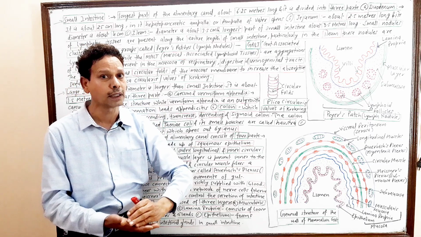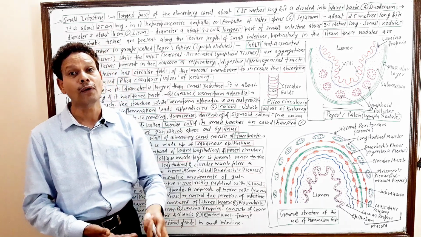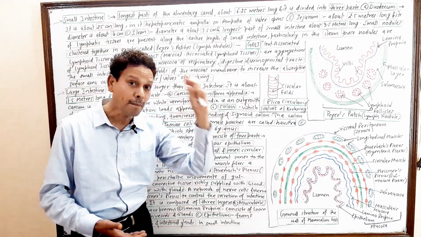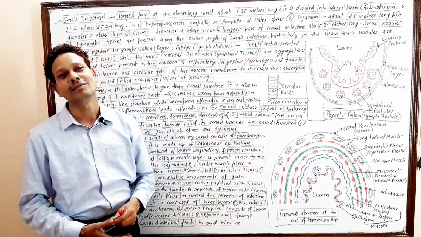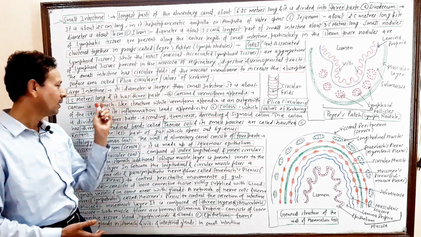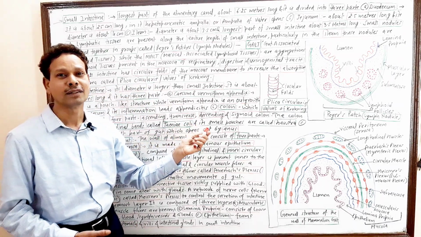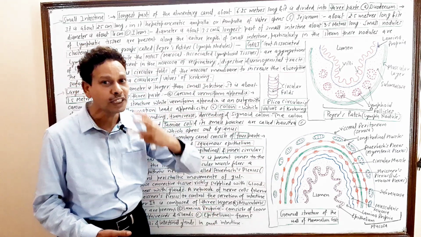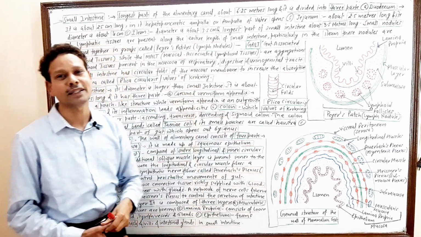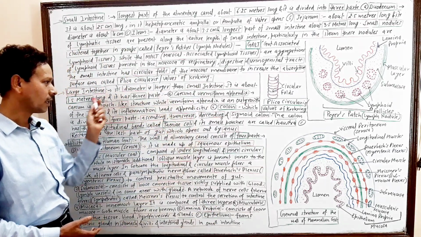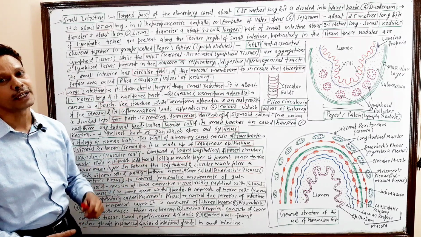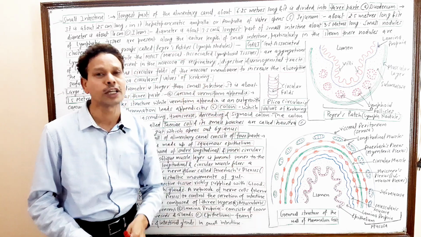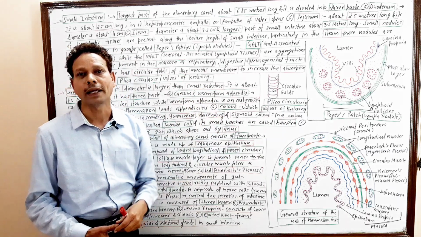In colon, 3 longitudinal folds are there, which resemble tapeworm, and these are named Taenia coli. Where are they present, students? In colon part. 3 longitudinal bands are there. And the last part of large intestine is rectum. That is the terminal part, the posterior part which opens by anus.